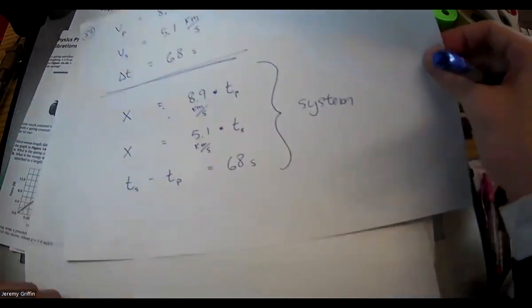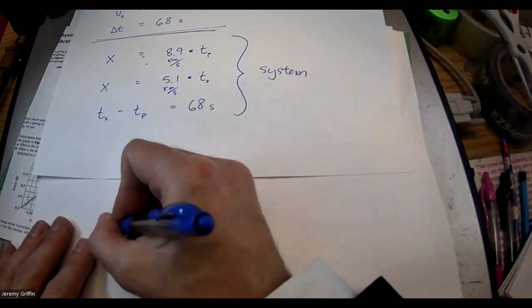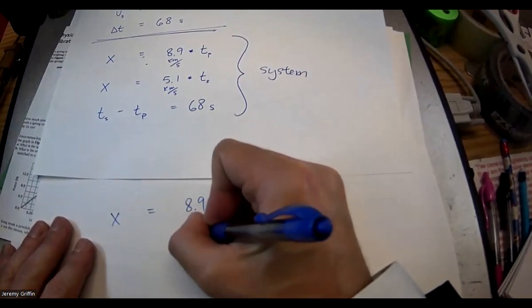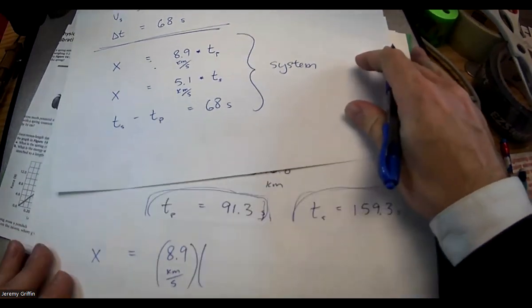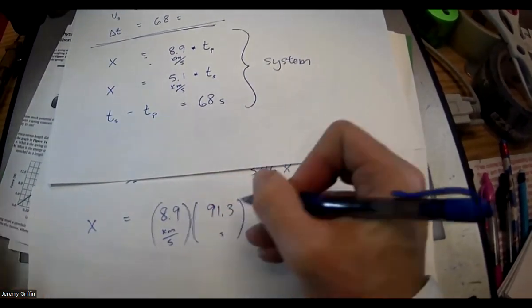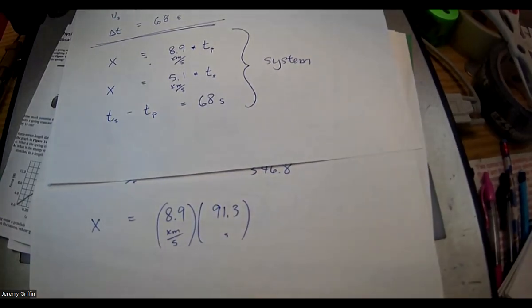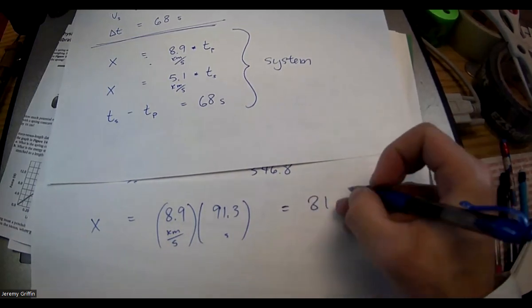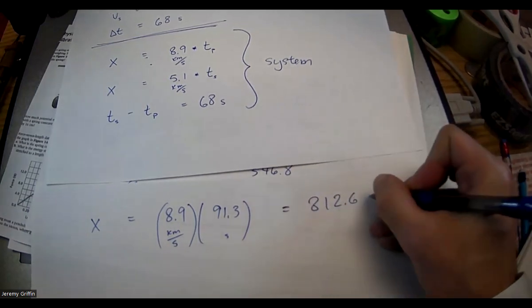So how far away is the epicenter? It's 8.9 kilometers per second times 91.3 seconds. 8.9 times 91.3 is 812.6 kilometers.